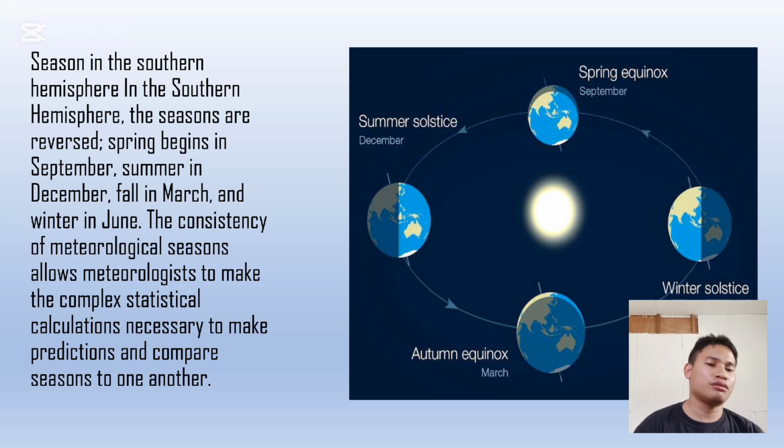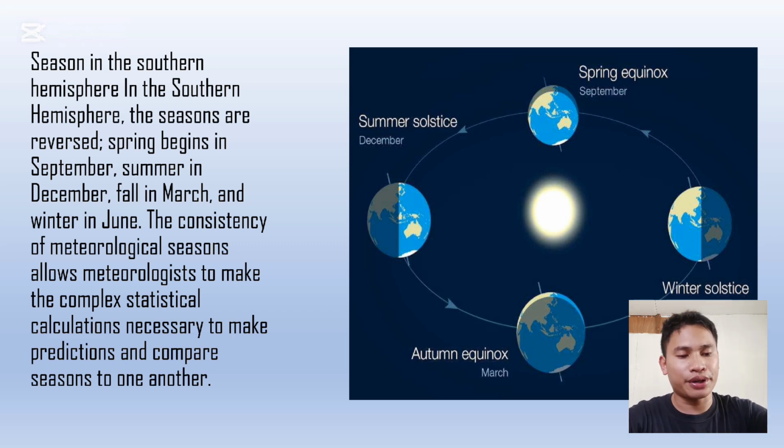So magsugod ang spring sa southern hemisphere is September, which is the summer sa northern is March 20 magsugod.